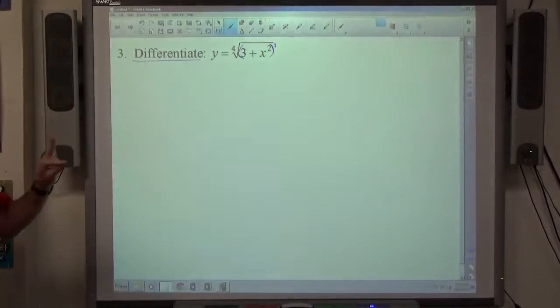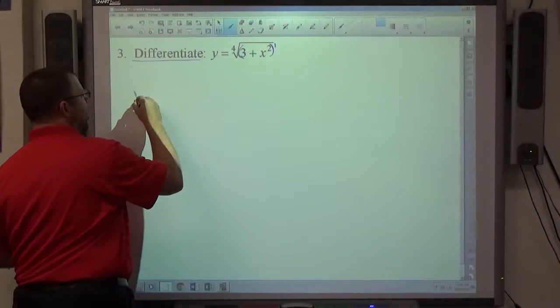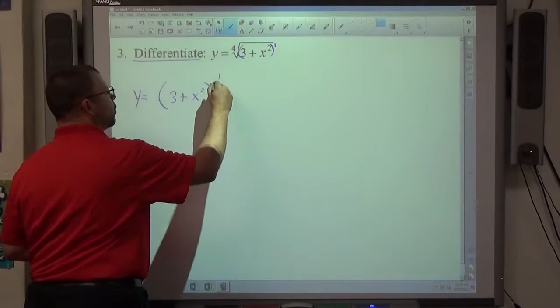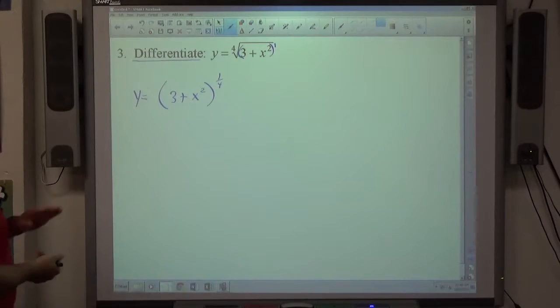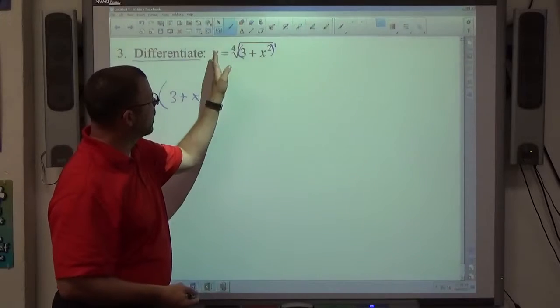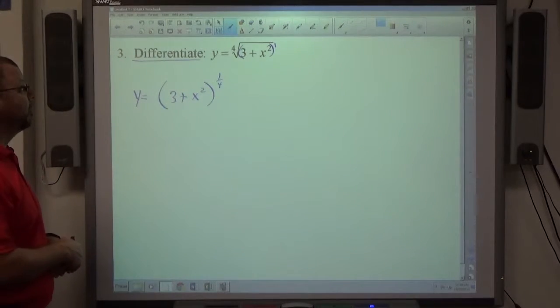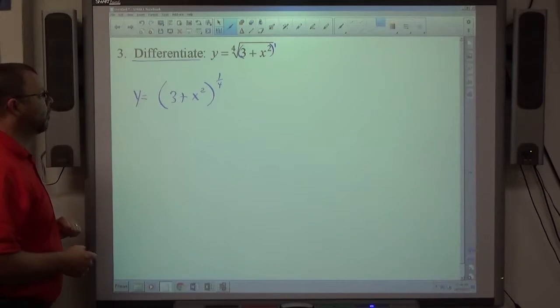A lot of times people see that 2 and they think 2/4, but it's actually going to be y equals parentheses 3 plus x squared to the 1/4 power. So be careful with changing to fractional power, that if multiple terms are in here, that entire expression is going to be raised to the first power, unless otherwise stated, in which case then you take that power 1 divided by that power 4, the root 4.